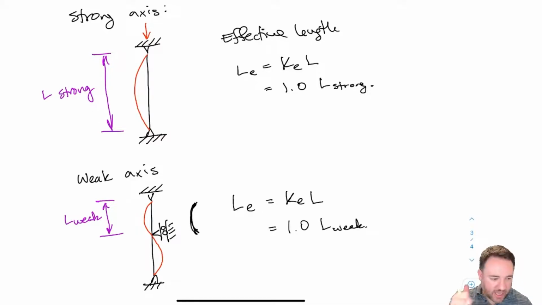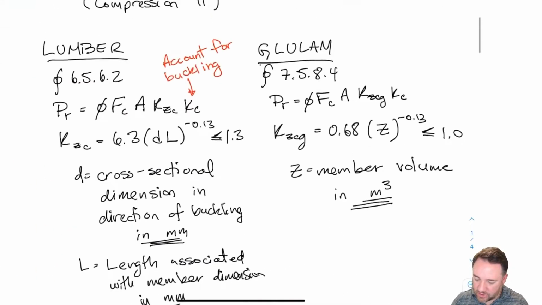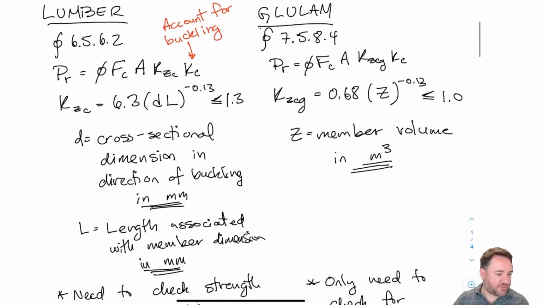So now I have my L, which is what I'm going to use in my size effect factor, and I have my LE, which is what I use in my slenderness. If we recall way back at the beginning when we talked about size effect for lumber, we have KZC equals 6.3 times (DL) in brackets. That L is associated with the member direction.